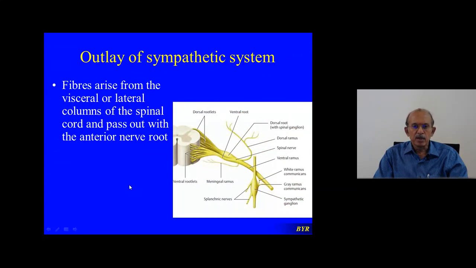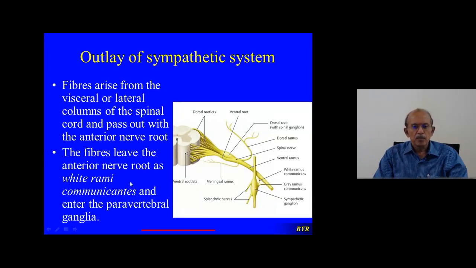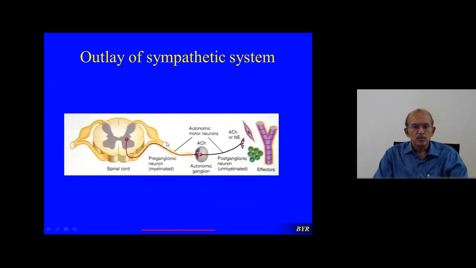The fibers arise from the visceral or lateral columns of the spinal cord and pass out with the anterior nerve roots. So with the motor nerve root, they come out. The fibers leave the anterior nerve root as white rami communicantes and enter the paravertebral ganglia. So sympathetic nerves pass out from the lateral column, come through the anterior nerve root, leave it as white rami communicantes, and end up in the paravertebral ganglia.